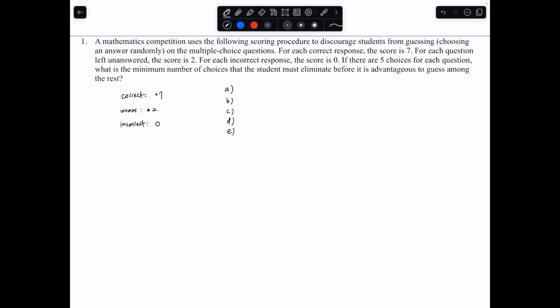Okay, so we have 5 answer choices, and given that we can't eliminate any of these choices, the probability of getting the correct answer when we randomly guess is 20%, right? It's 1 out of 5.